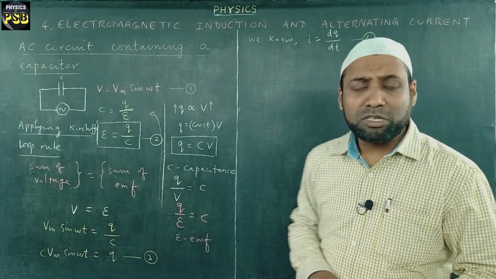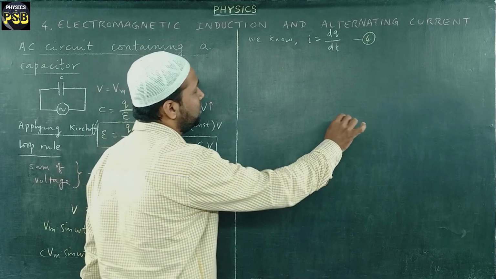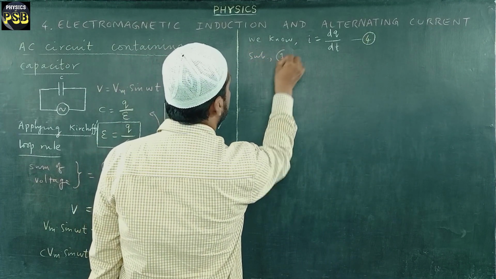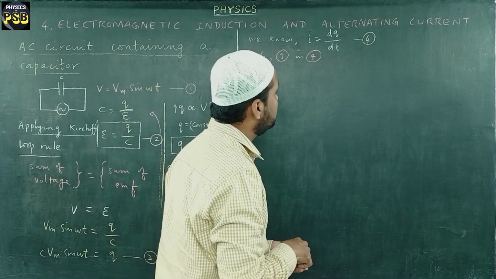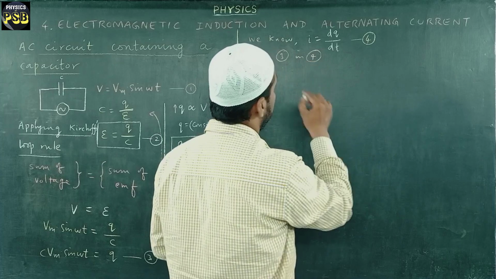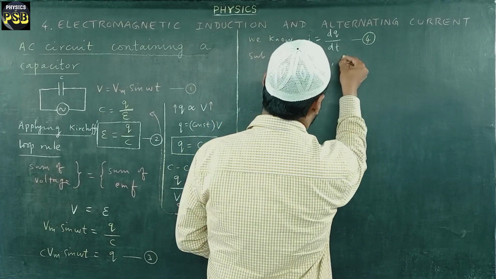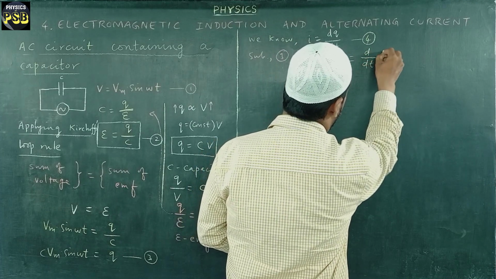Now to get the expression for instantaneous current, I am going to substitute equation number 3 in 4. This will provide me the expression for instantaneous current. The above equation can be written as I equals dQ upon dt.